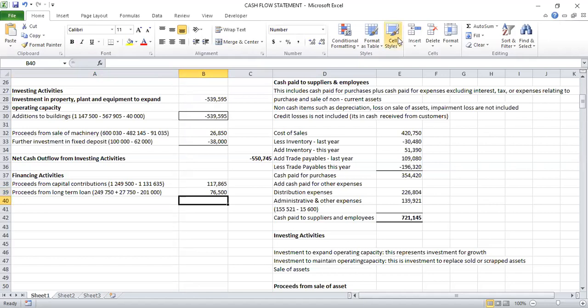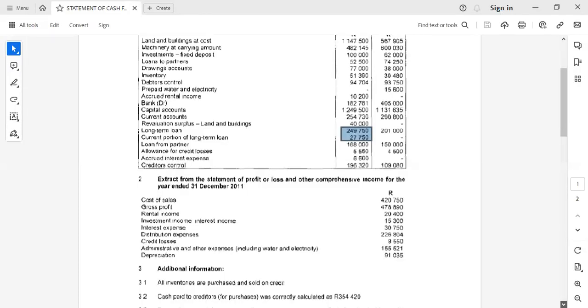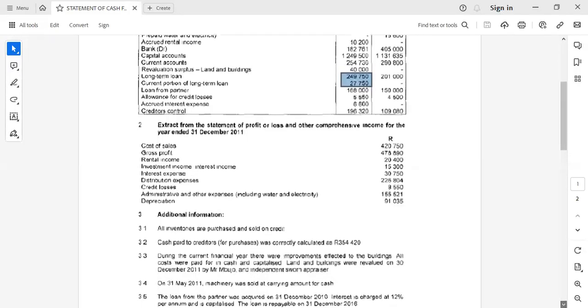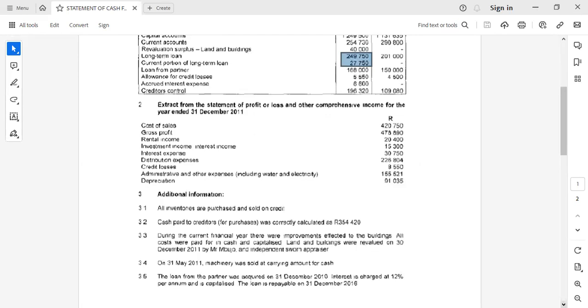Then we also had the loan from partner, which moved from 150 to 168.